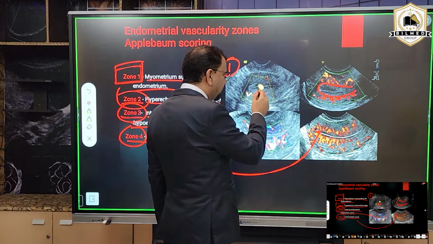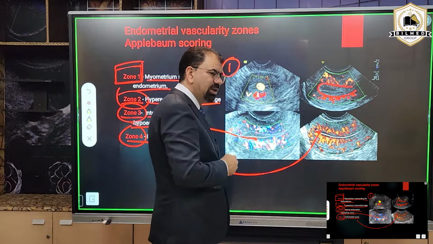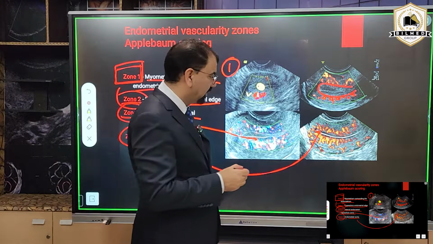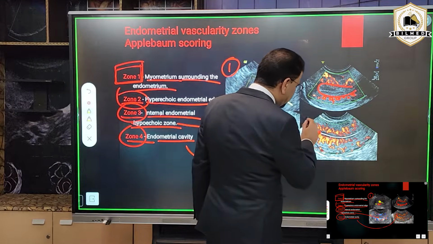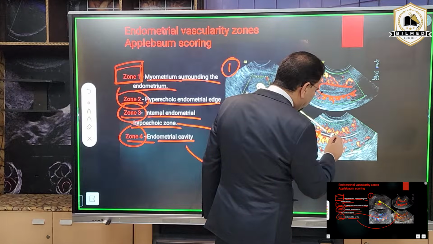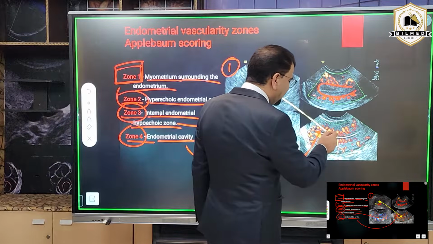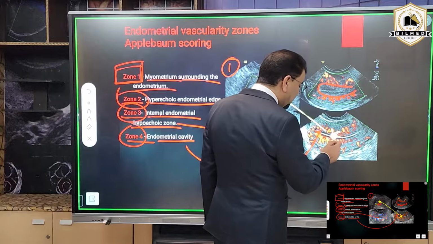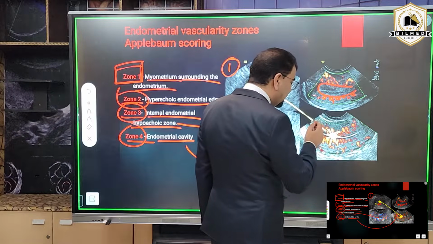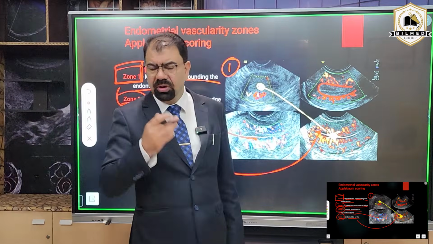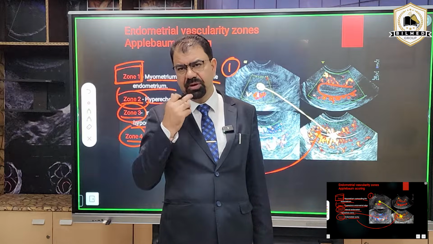They will not be making a connection and it will easily get thrown out. But if the same blastocyst drops into this endometrial cavity where I am having zone 4 vascularity, it will get easily entrapped and easily implanted. So this is the importance of knowing these zones.